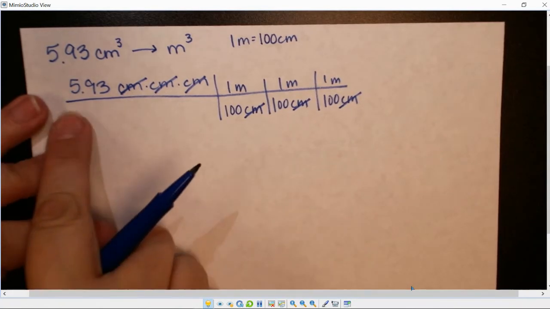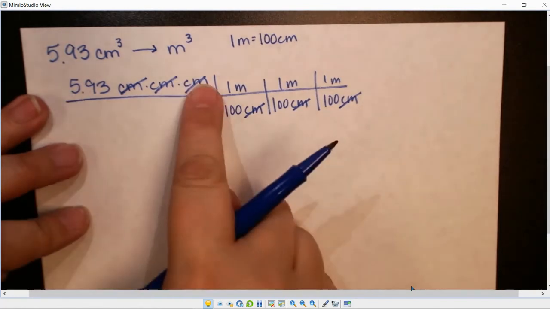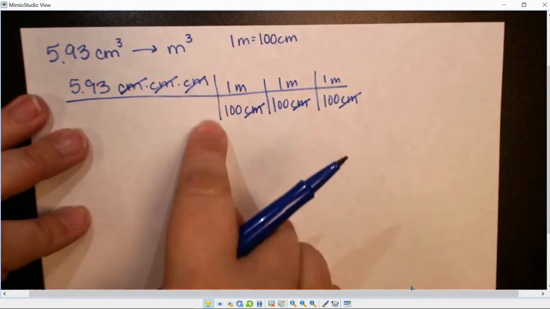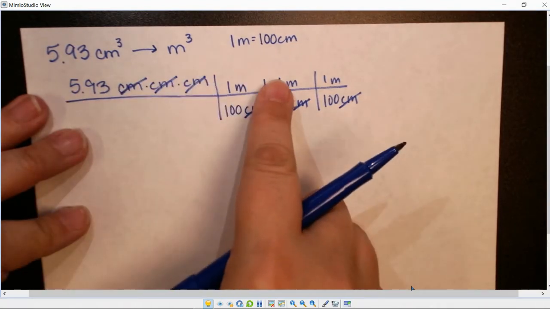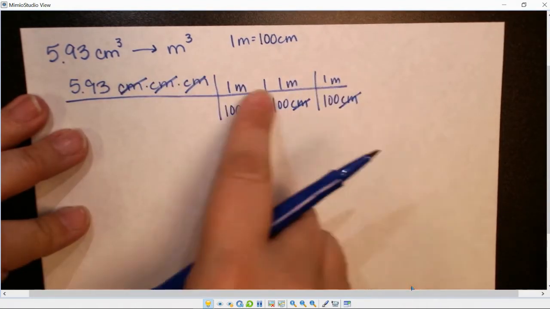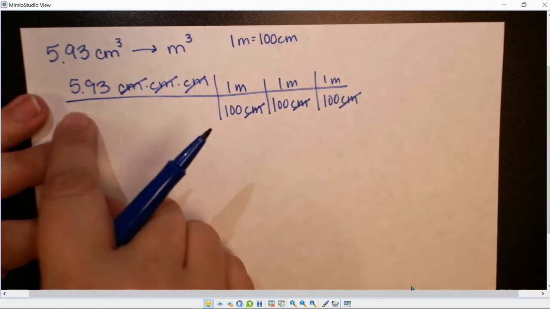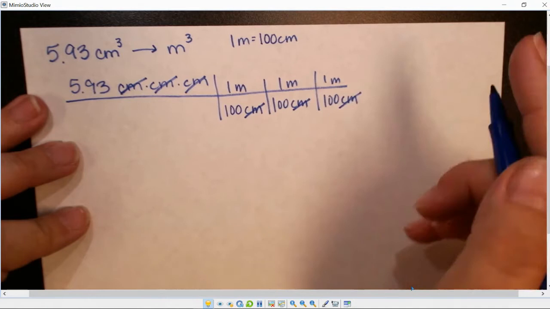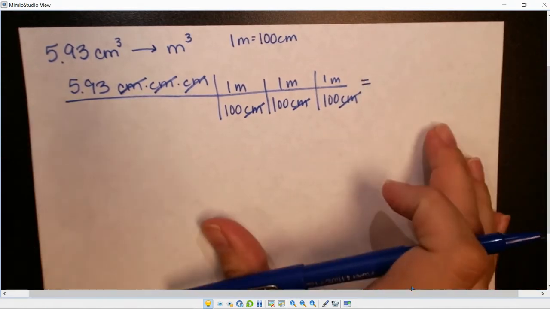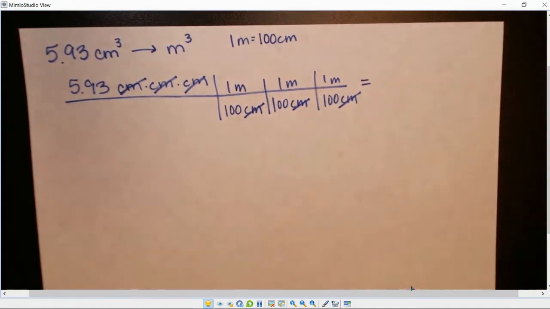Anything separated by a vertical line is multiplied, so 5.93 times 1 times 1 times 1. Anything by a horizontal line is divided. So then that divided by 100, divided by 100, divided by 100 will give us our answer. And I don't want to do that in my head.